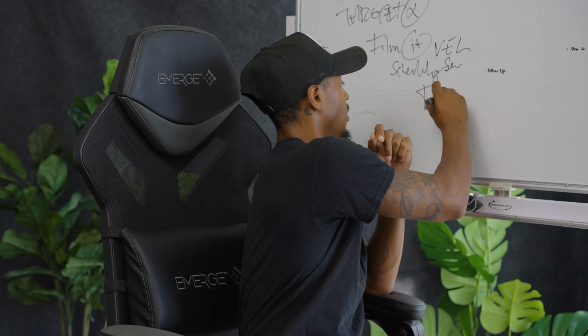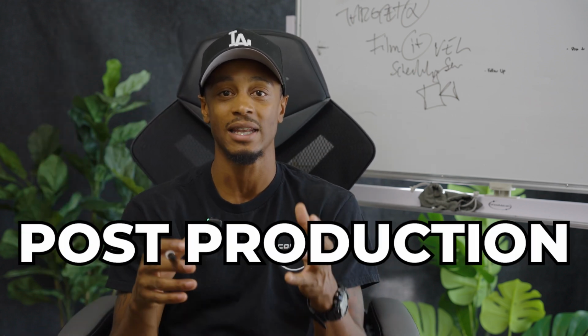Right, so once we start filming, we get all the shots that we need, make sure we got the location set, all that fun stuff, right? We make sure we get the files over safely to the correct person that is going to be editing. It could be the videographer that's going to be editing, or you could have a whole separate editor, but that's the next step, getting everything edited.